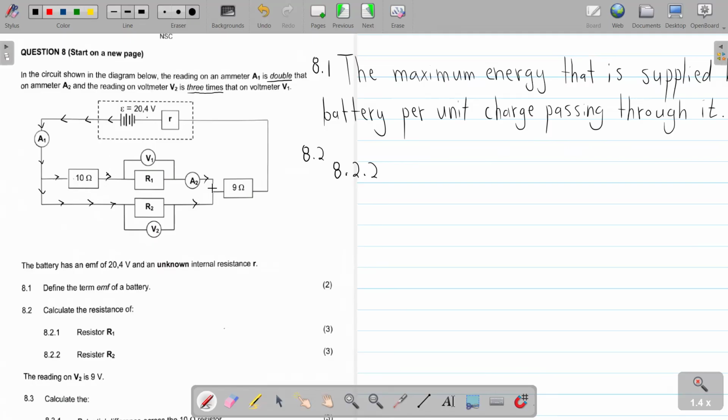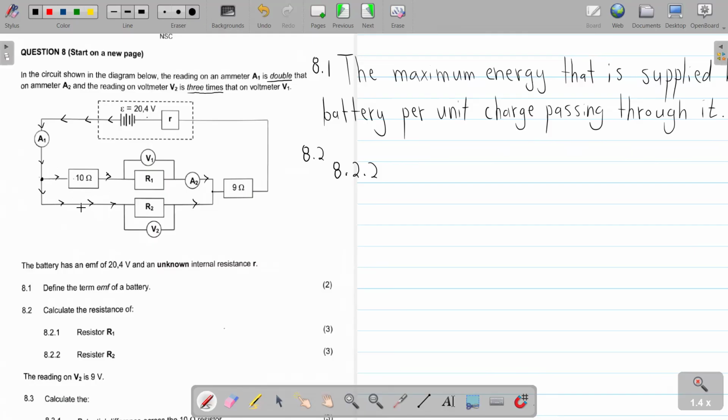The current becomes separate, and then it goes here. So now the current will split into two. Now they are telling us that it is double. What that means is that the current passing here is the same as the current passing there.